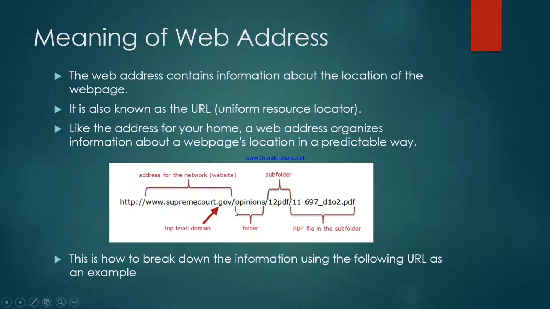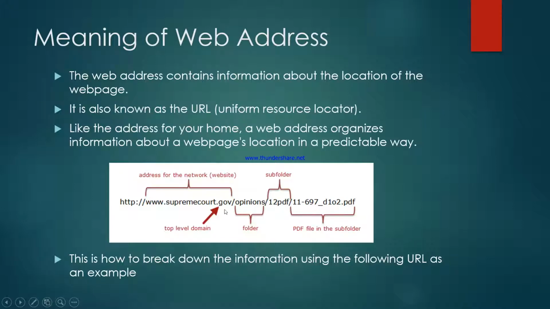The second part is opinions, which is the folder. The third one is the subfolder, and the final part is .pdf. .pdf here suggests that this is a portable data file, a PDF file in this subfolder.